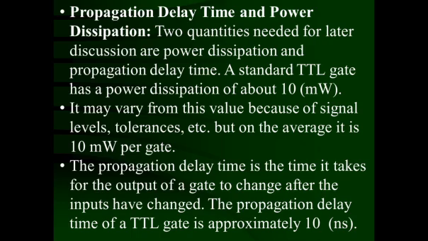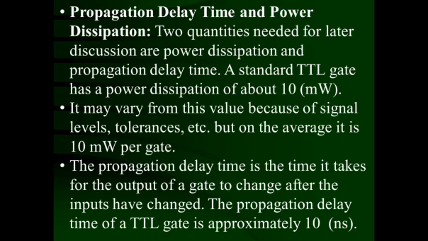The second important quantity is the propagation delay time. Propagation delay time is the time it takes for the output of a gate to change after the input has changed. So, for one particular set of inputs, the output is in some particular state.